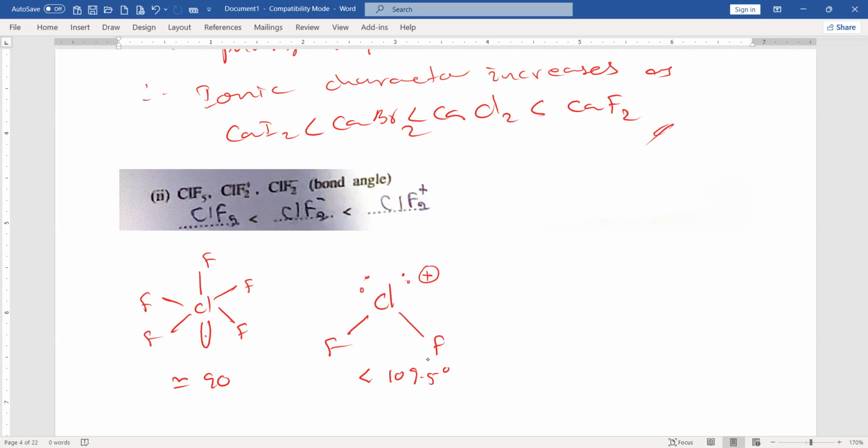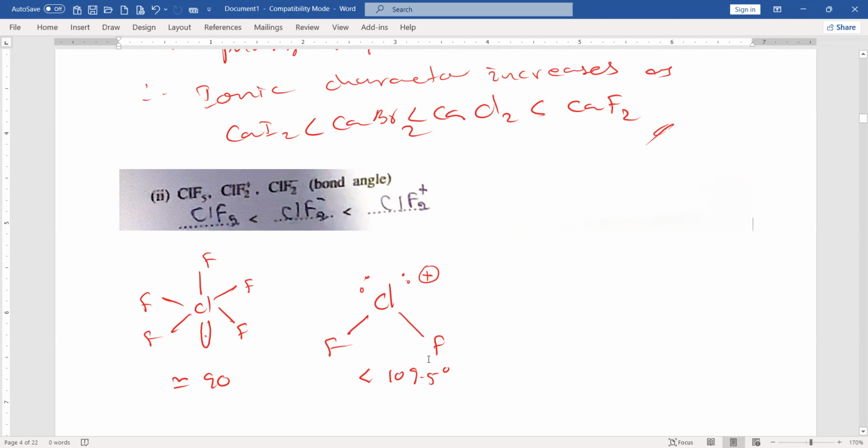Maybe around 105, 106? Or even, no. The bond angle must be definitely less than 104. That means water. Water has 104.